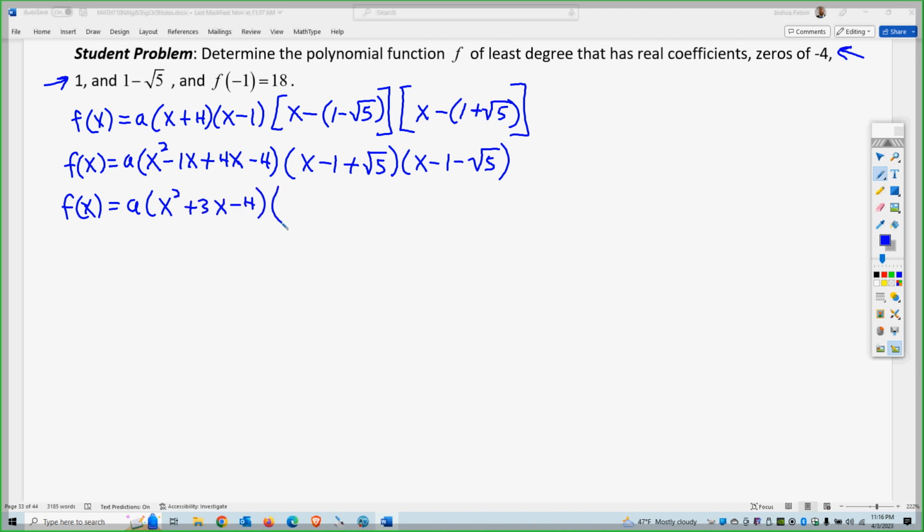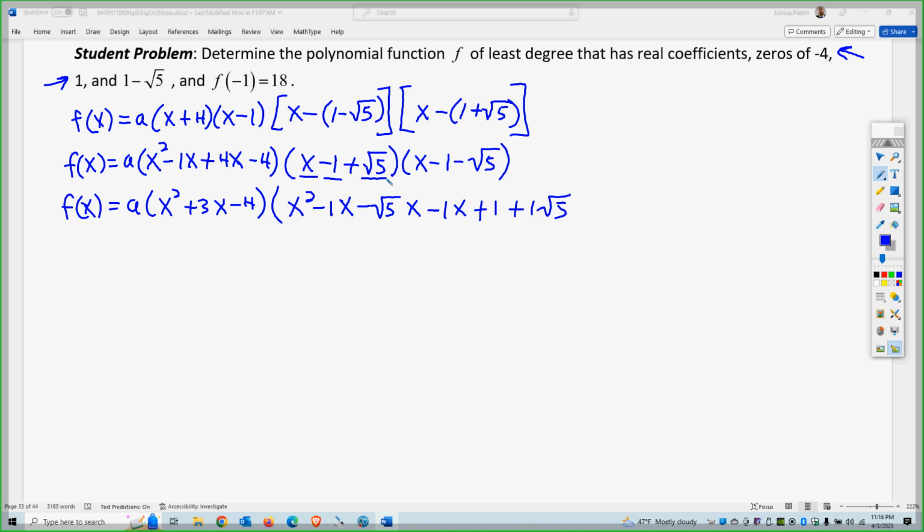And then 3 terms times 3 terms should give me 9 terms, right? So starting with the x, that gives me x squared minus 1x minus root 5x. And then the negative 1 gives me minus 1x plus 1 and then plus 1 root 5.